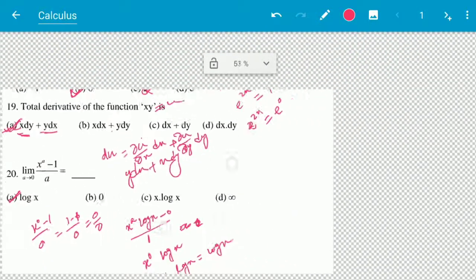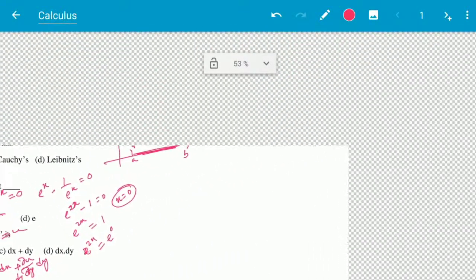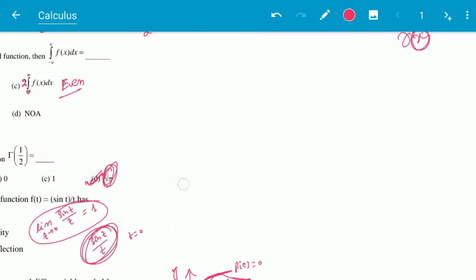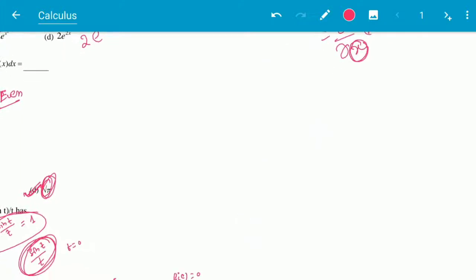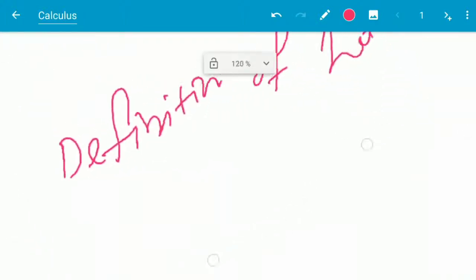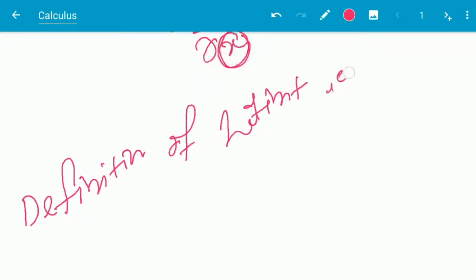So this is the end of the questions, and I have to discuss the main vulnerable topics from this calculus. First thing is definitions of limit, continuity and differentiability.